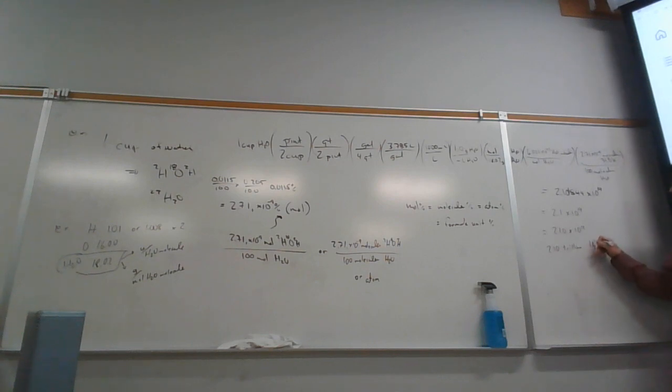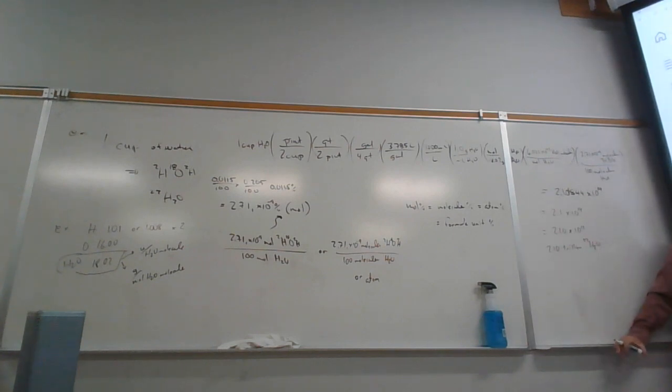We could do the combined mass number, H2O22s. So you had 210 trillion of those water molecules in there. That's a lot. Seems like an awful lot.